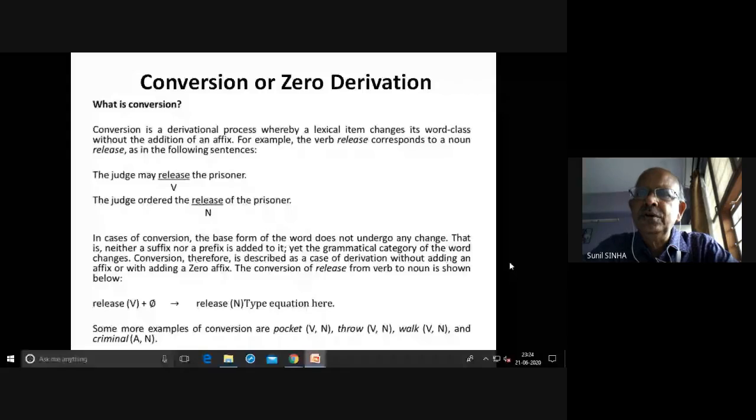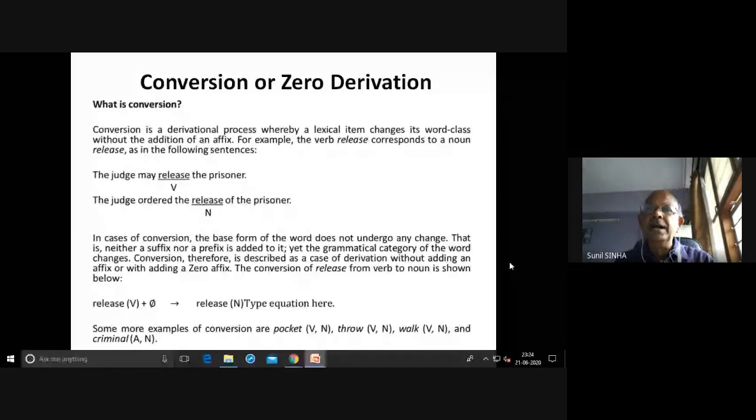Zero derivation means we derive a different word from one word by adding nothing, or by adding a zero prefix or suffix, or in other words, we add a zero affix to a word to derive another word. That is called conversion or zero derivation.